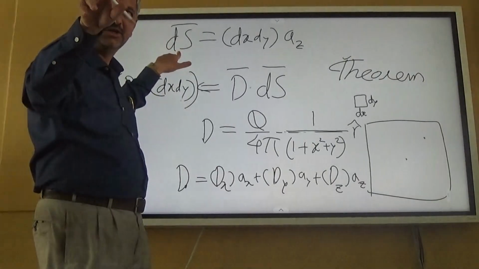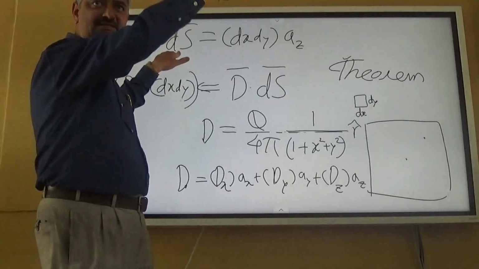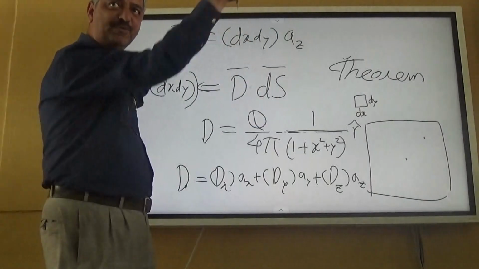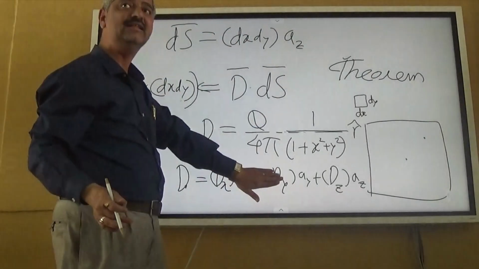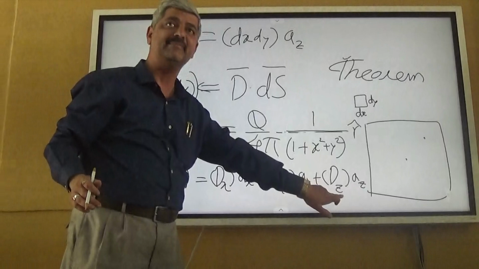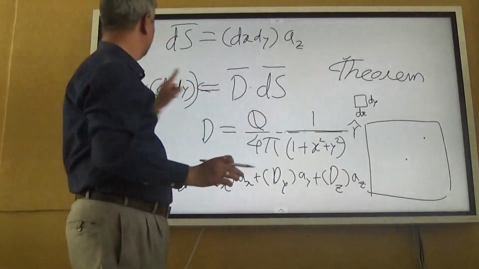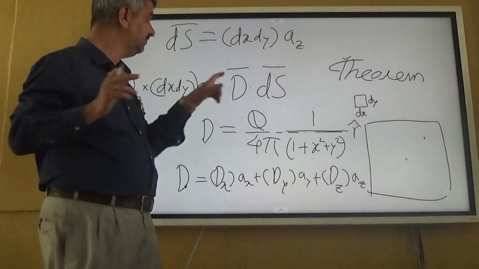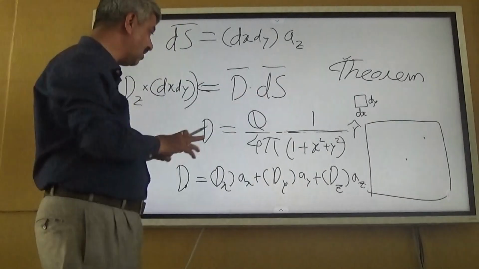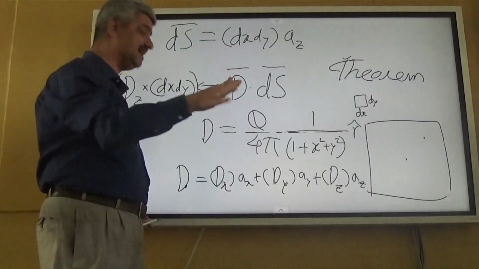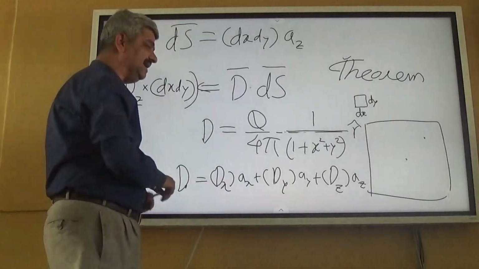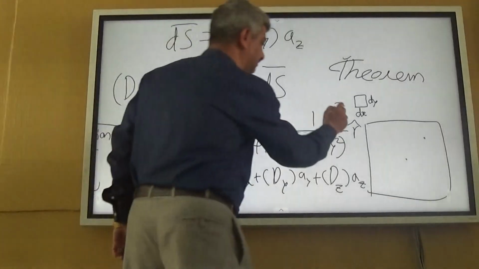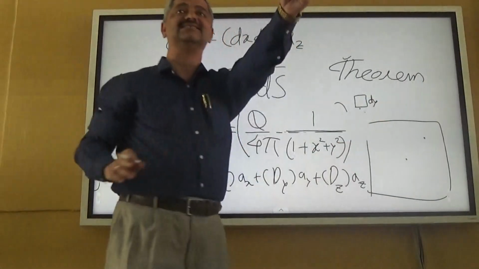Dot product is x component of first into x component of second, y of first, y of second, z of first, z of second. So these two values are immaterial for me. And this is Dz. So Dz into dx dy will be D dot ds. I am not interested in the other directions, but Dz would be the projection of this on z axis.